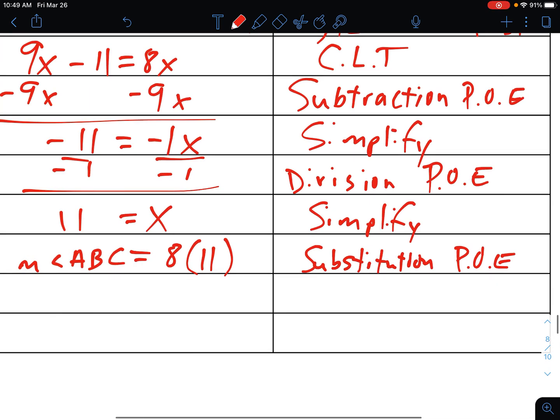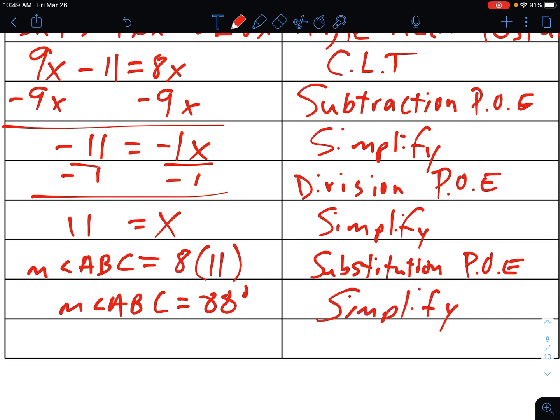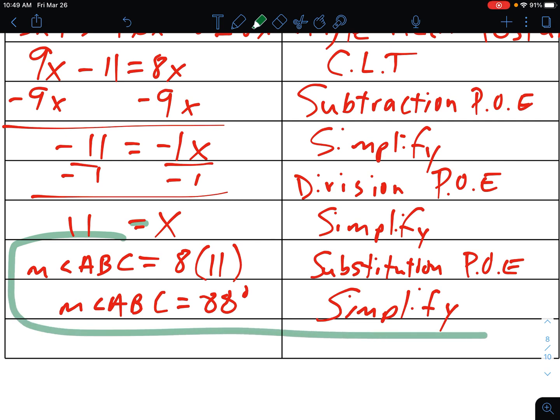And then measure of ABC equals 88 degrees, and that would be simplifying or just doing the math, okay? So these extra 2 steps would be taking it to that next level. If they're asking you to find out a measure, then we would substitute in, substitution property.